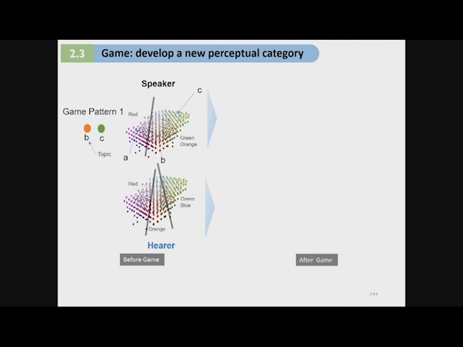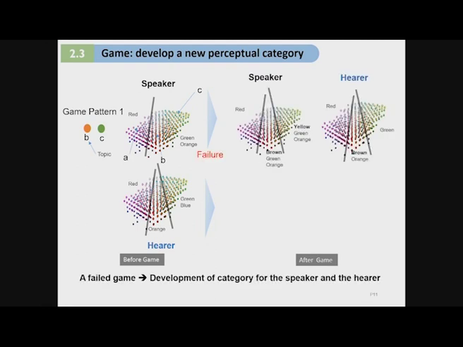Each agent may have their own way of representing the topic. For example, in this case, B and C fall into the same category for the speaker. So the speaker needs to do something to develop some category. In this case, the speaker will segment, creating new categories to associate respectively B and C, and invent some new words to represent those stimuli. Then it sends the newly created word, say brown, to represent B, and sends this word to the hearer.